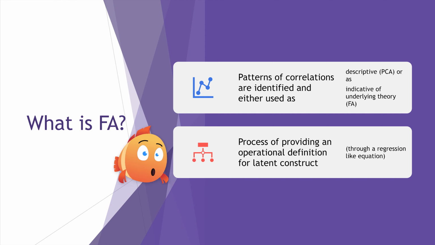Its goal is to get as few components as possible to explain the majority of the variance in the space. Versus factor analysis, which tries to explain the underlying relationships.